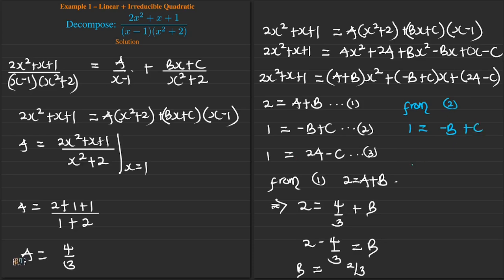So making our c the subject, we have c equal to 1 plus b. So our c is equal to 1 plus 2 over 3, which gives us 5 over 3. So we have our a, we have our b, and we also have our c.